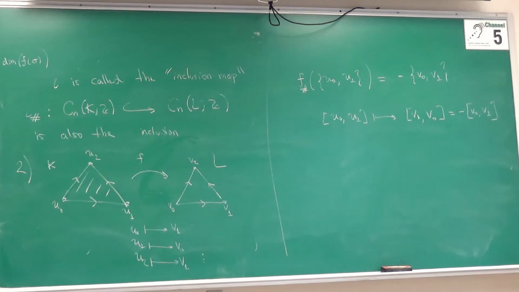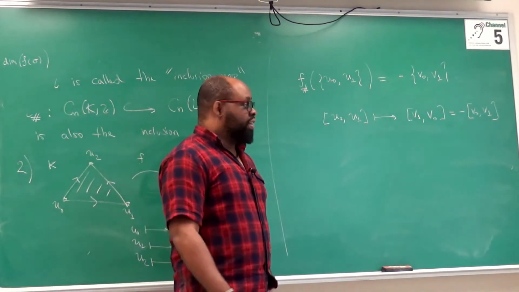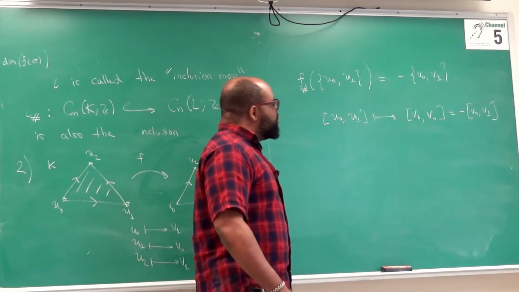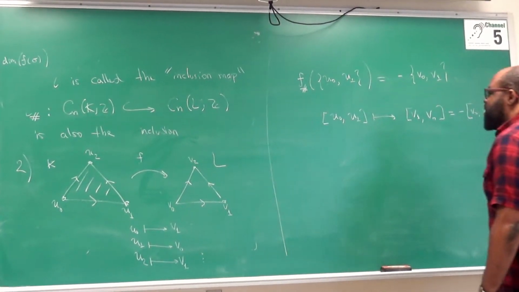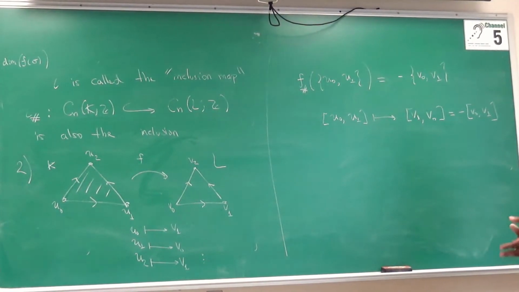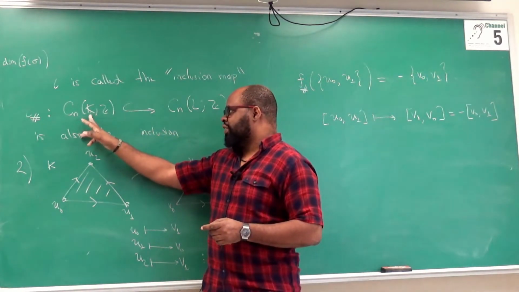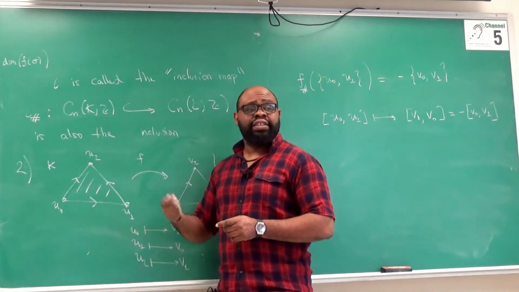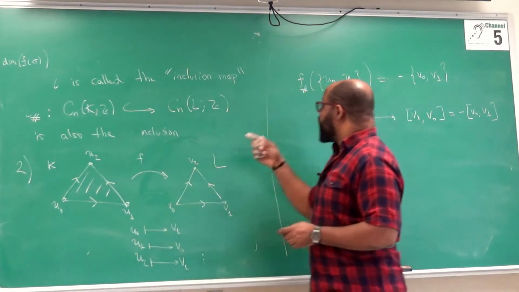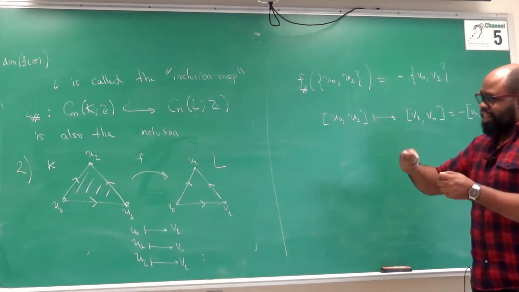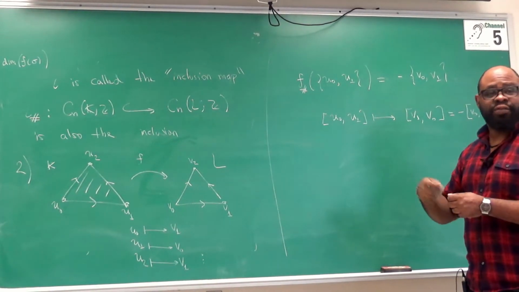You may be sort of irritated by my change of notations between curly braces and square brackets. It's sort of this inconsistency between simplicial complexes being thought of as collections of sets, with curly braces. But once you put an orientation, you want to make sure that the order is kept throughout.